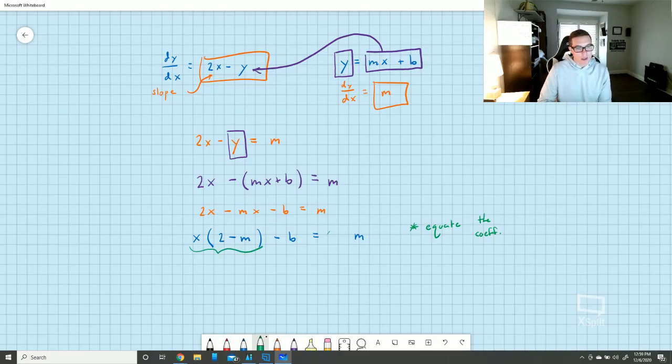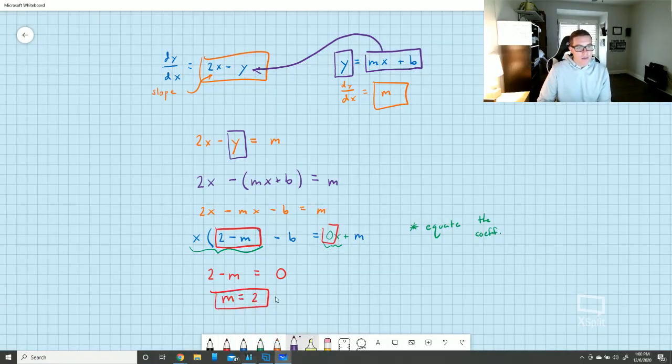So in a way, we can think of it as 0x. Well, I need this x term and this x term to be equal. So I can set the coefficients equal. On the left, I need the x term, its coefficient, to equal the coefficient on the right. In other words, m equals 2. It's a strategy called equating the coefficients.